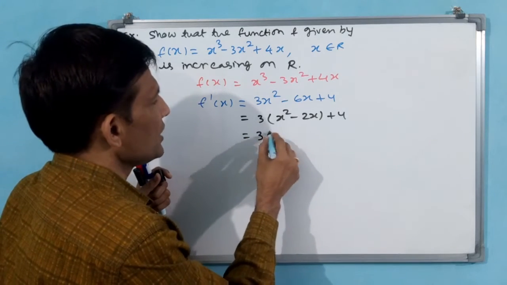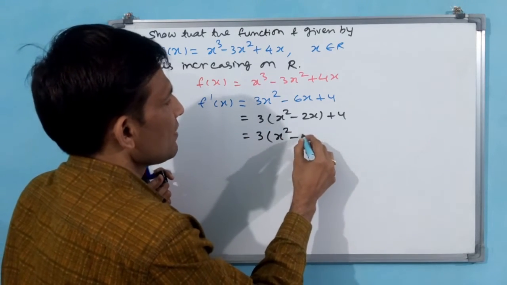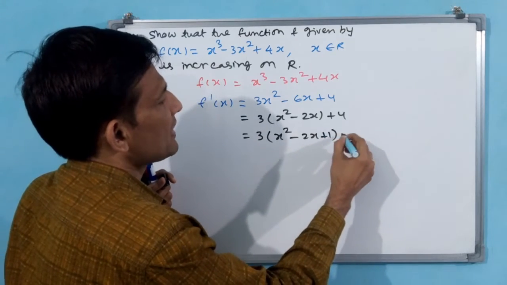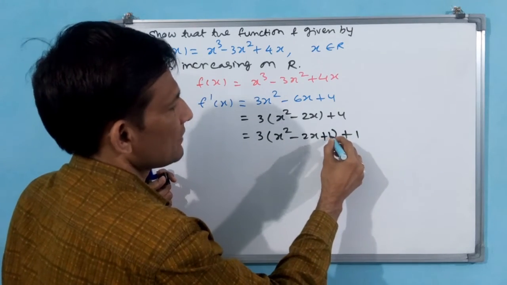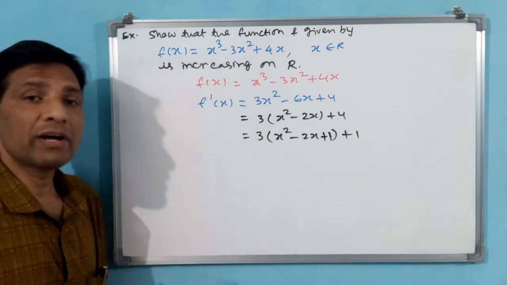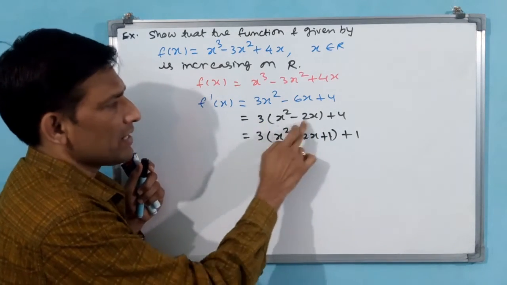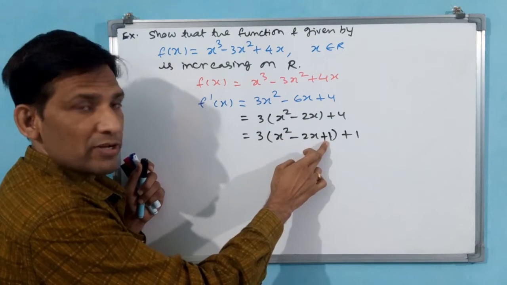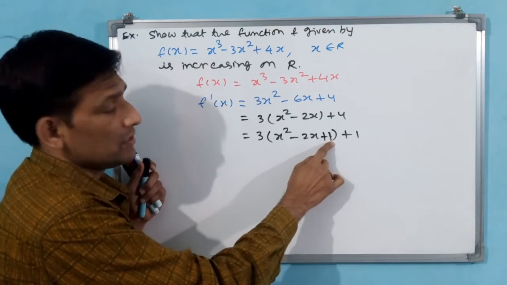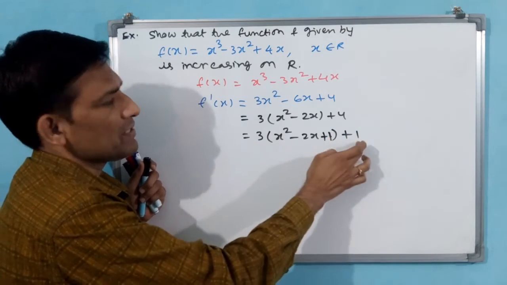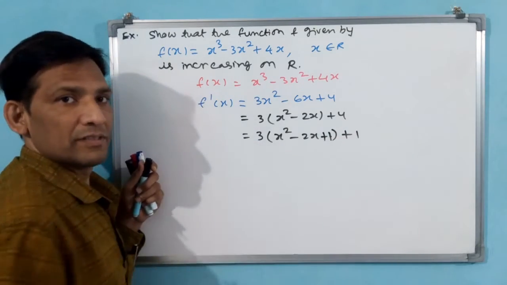That is equal to 3 into x square minus 2x plus 1, plus 1. Is it okay? Definitely okay. You see, x square minus 2x is there earlier also, but plus 1 I have included. That means 3 is there. That is why I have reduced this 4 to 1. Why? Because 3 plus 1, 4 is there.